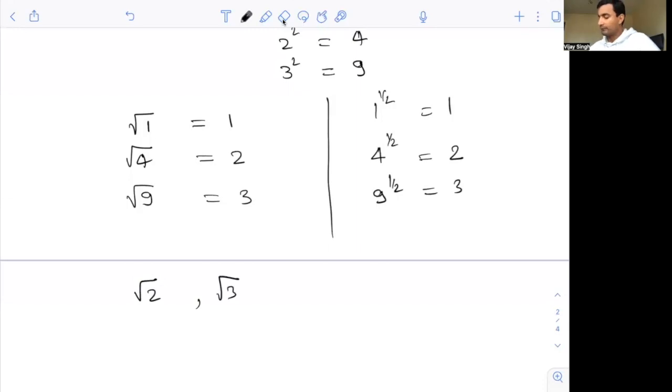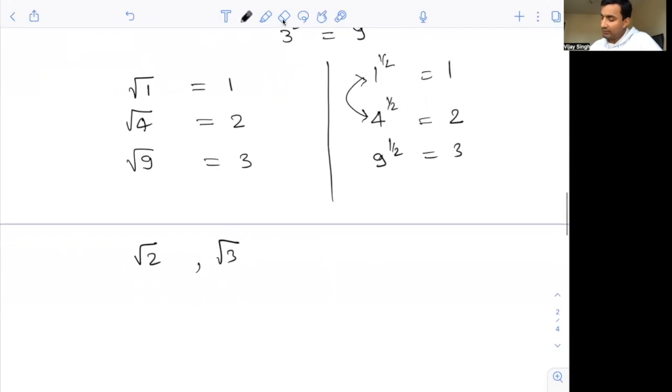You know, and then there are, again, numbers in between. So between 1 and 4, we had 2 and 3, and we could have taken the square root of 2 or square root of 3. Similarly, square root of 5, 6, 7, and so on. Now, these numbers, square root of 2 and square root of 3, if you actually calculate the square root of 2, this number is 1.414 and so on.